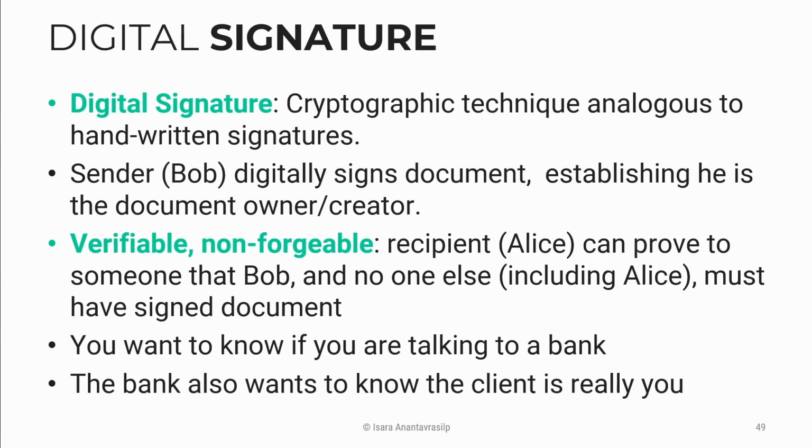The bank is going to check a few things, for example, your ID card and your signature, and your account book has these signatures written at the back of that book, and the bank can verify that the signature signed on any paper is the same as the one on the book. This can be considered multi-factor authentication. The first authentication is your ID card. The second authentication is your signature.